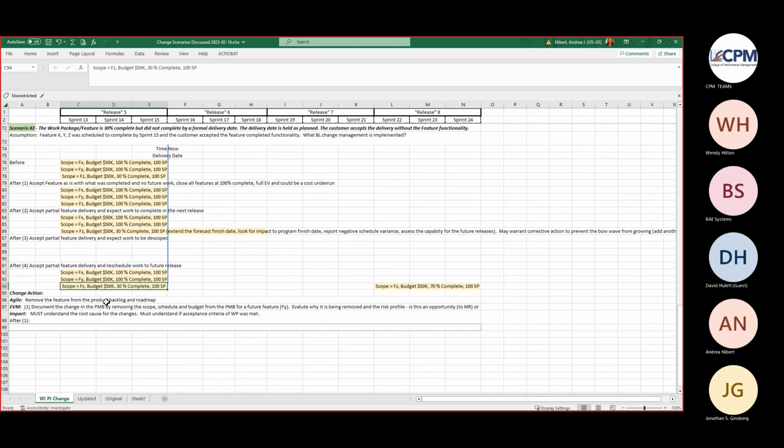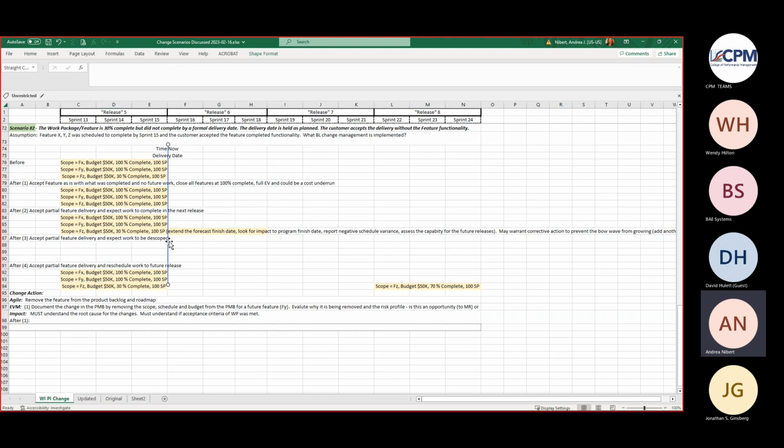So if this original feature was 50K and we completed 30% of that, depending on our EVT, maybe we've earned 15K of the 50K budget.